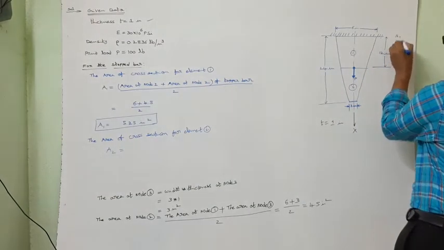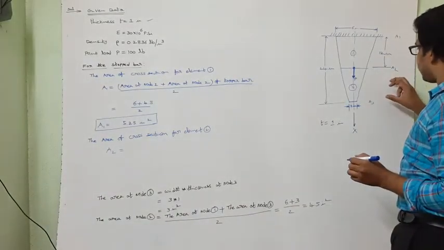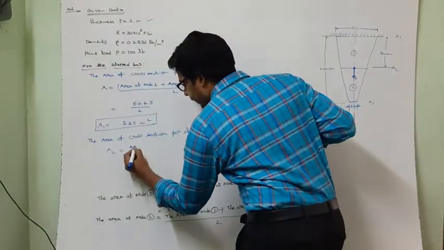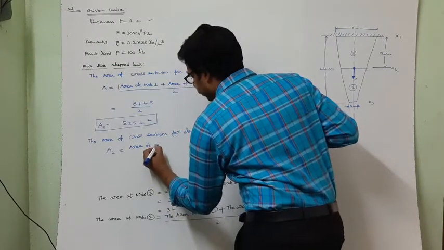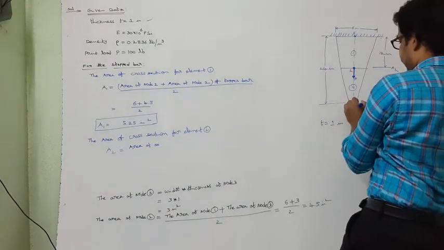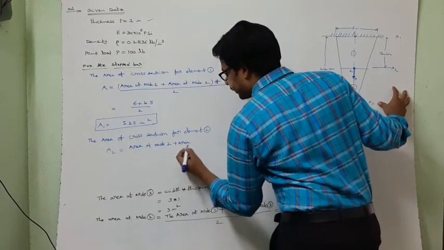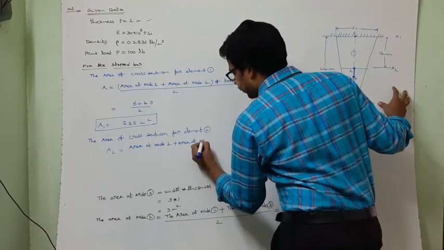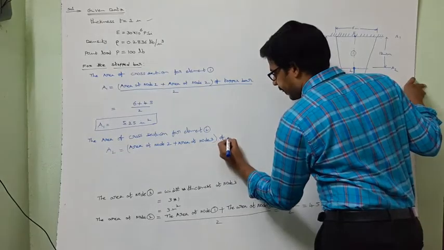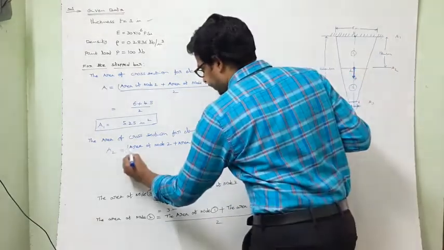We already calculated A1, A2 and A3. So in the second element we need to calculate the area at node 2 plus the area at node 3 of the taper bar, whole divided by 2.